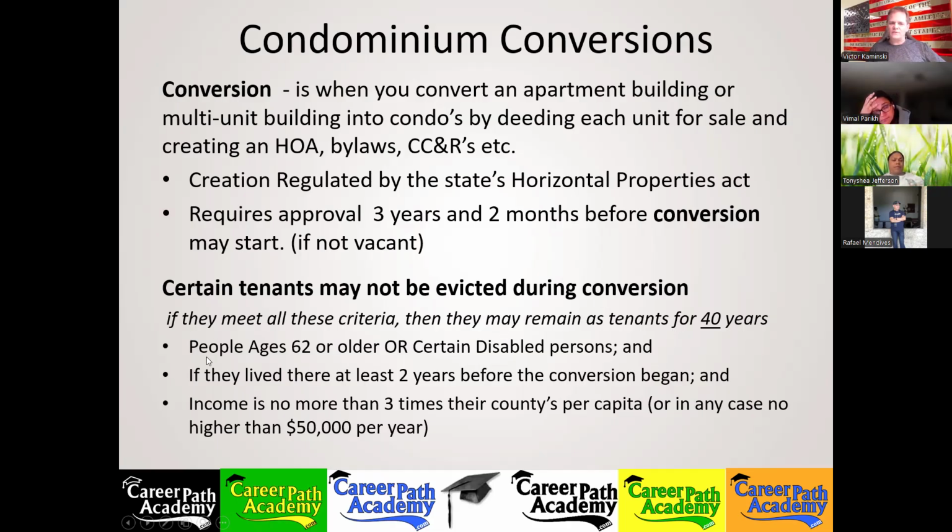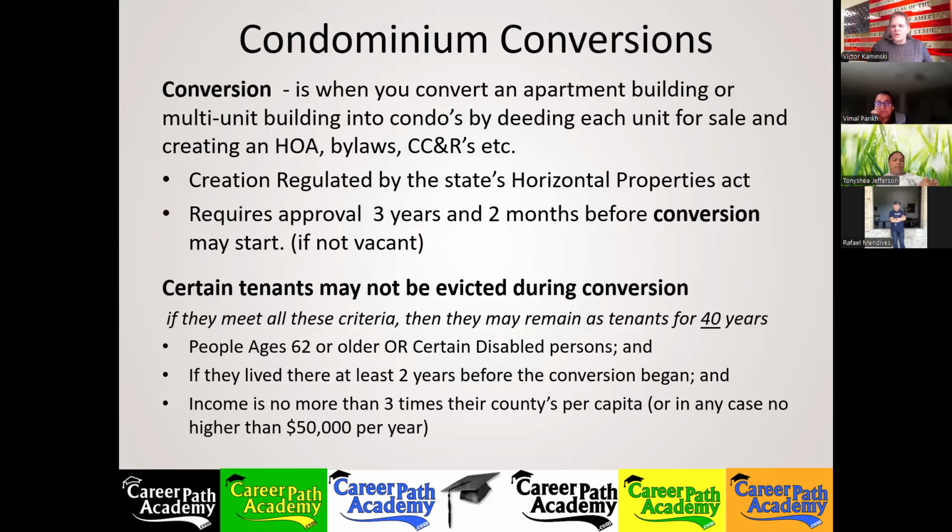They have to be people who are age 62 and older, or certain disabled persons, and if they lived there for at least 2 years before the conversion began, and their income is no more than 3 times their county per capita average income, or in any case, no more than $50,000 a year.